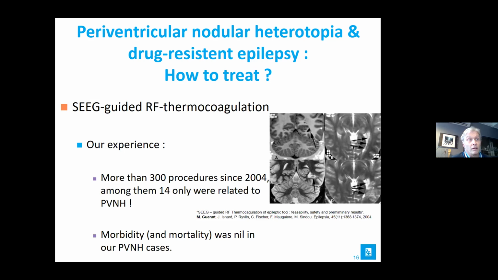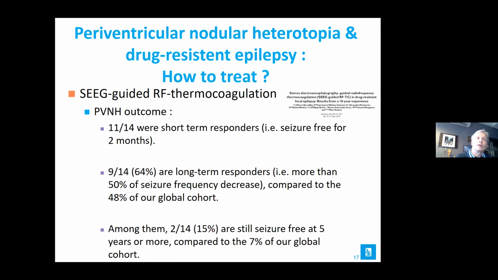What about morbidity? As related to heterotopia, coagulation, in our experience, did not provide any morbidity, no mortality. And this is a picture of a typical post-coagulation imaging. So it is positive, but what about the outcome in our experience?